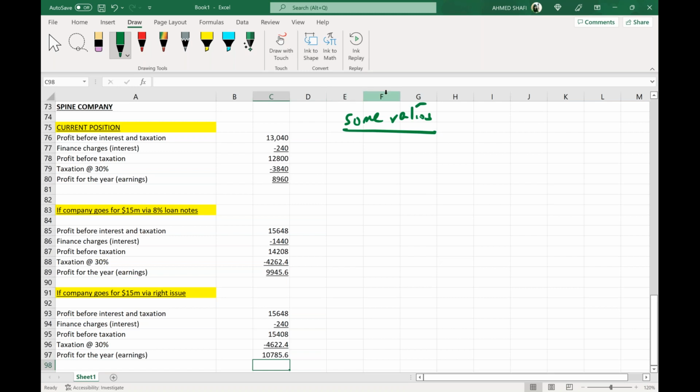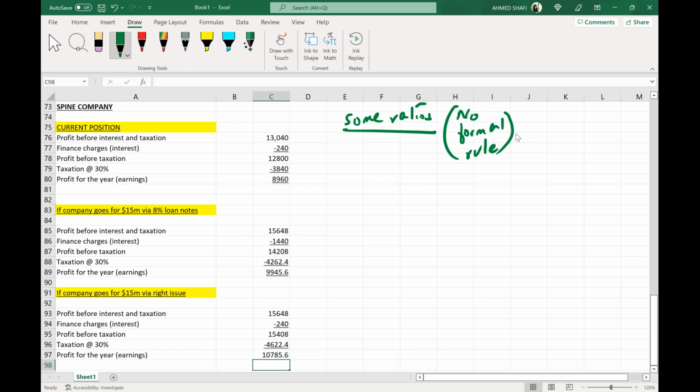But there is no formal rule which ratios you should compute because the examiner hasn't mentioned this. Sometimes the examiner says, using financial gearing and EPS, decide which option we should go for, so you have to compute those ratios, or calculate share price to decide which one to opt for. Since the examiner hasn't mentioned any ratio, you can compute ratios as per your choice.